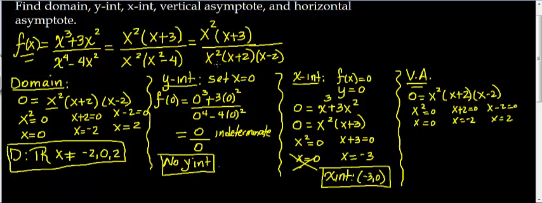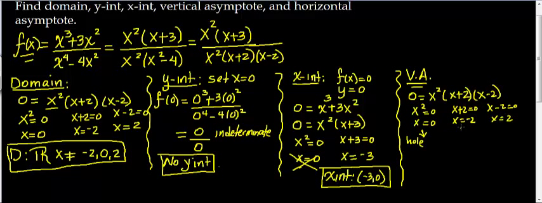So when the multiplicity in the numerator is greater than or equal to the multiplicity in the denominator, that means I have a hole. So this here is a hole. Just because the multiplicities are equal. And notice I need to use the factored form to evaluate this because that's where I see my factors very clearly. Here I don't see my factors, okay?